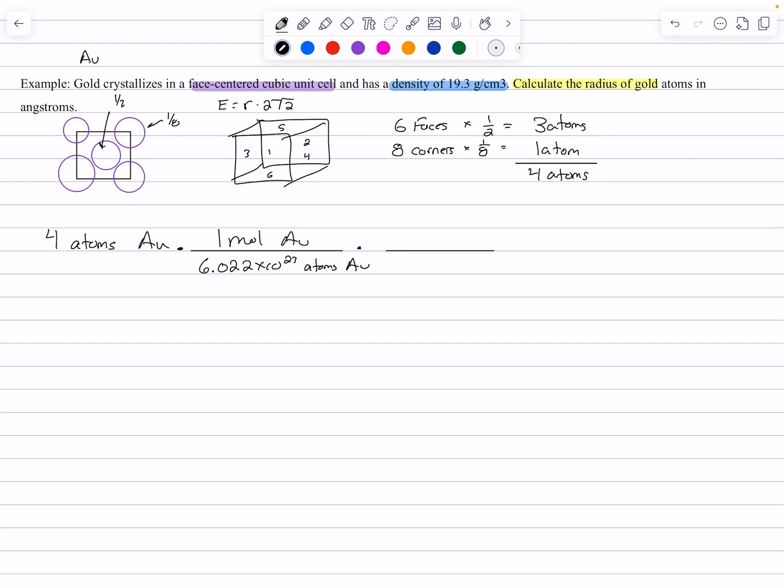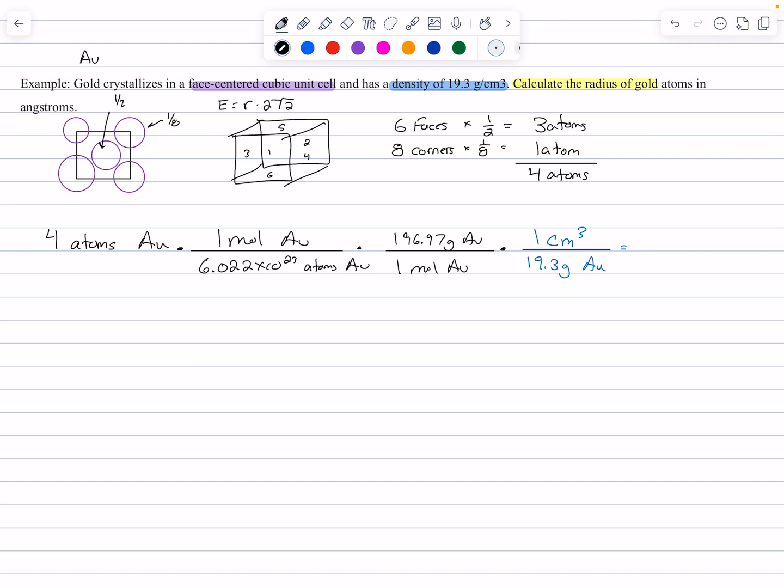And we know from the periodic table that 1 mole of gold happens to be 196.97 grams. And then we further know that for every 19.3 grams of gold, that is 1 centimeter cubed.